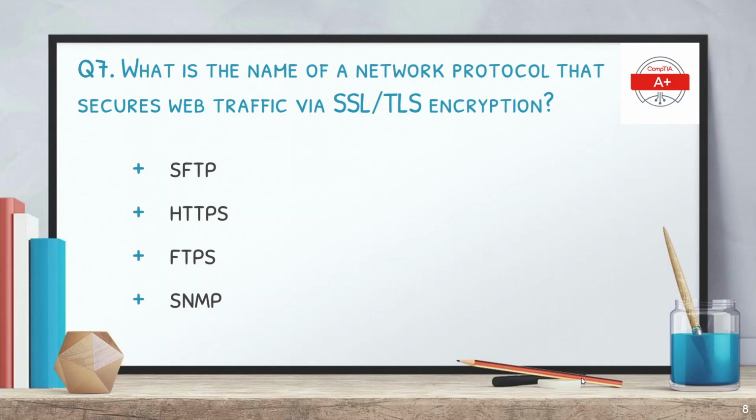So question number 7 is, what is the name of network protocol that secures web traffic via SSL/TLS encryption? And the options are SFTP, HTTPS, FTPS, and SNMP. And the answer is very obvious. Most of you will already know the answer. It is HTTPS.